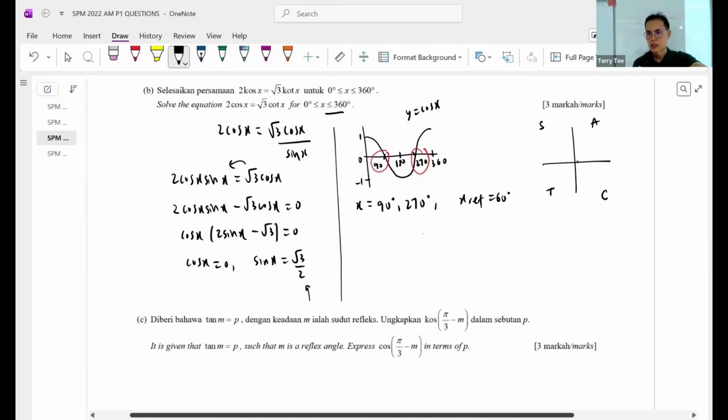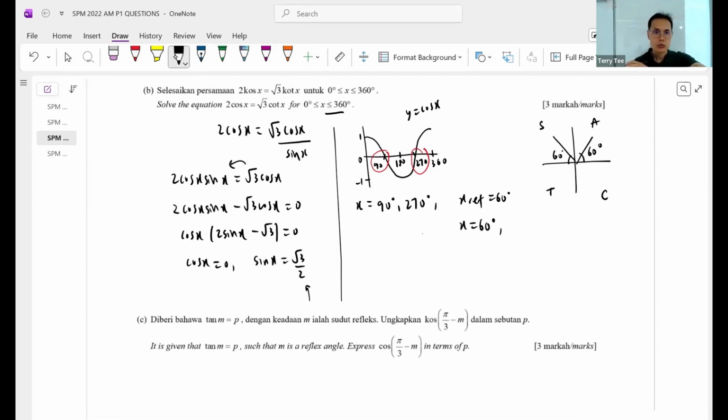A stands for all: sine, cos, tangent, all positive. S means sine positive. So sine is positive in quadrant 1 and quadrant 2. If it falls in quadrant 1, your answer is just 60. If it falls in quadrant 2, we need to go from here to here, which is 180 minus 60. So the two answers are 60 and 120.